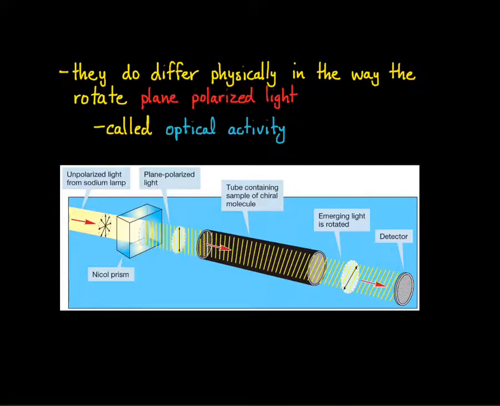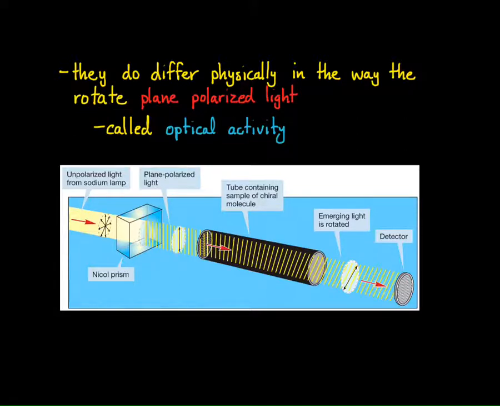So what happens is now this plane polarized light can pass through a sample. And if that sample contains a chiral molecule, that chiral molecule is then going to rotate the direction of that plane polarized light, such that when the light comes out of the tube, it has emerged at a different rotation, and we can detect that particular rotation.